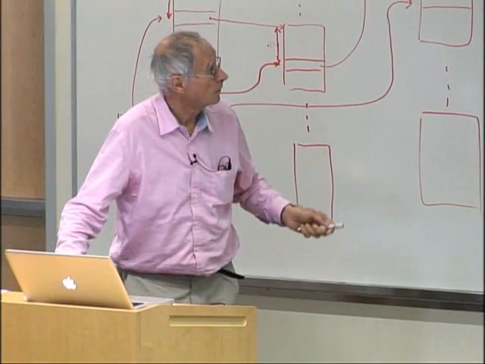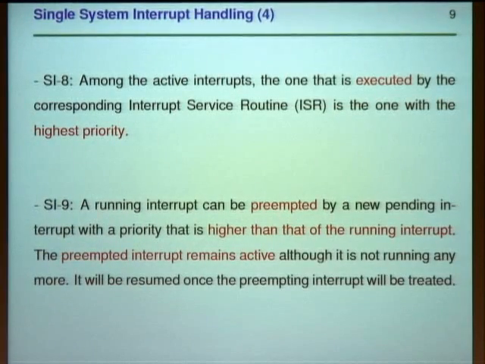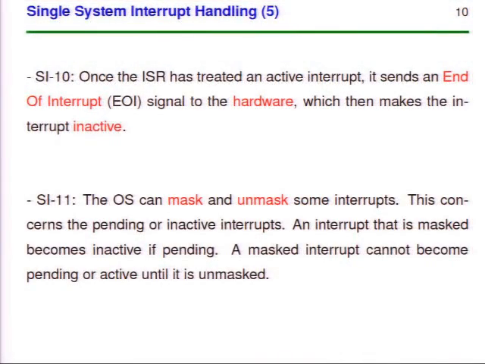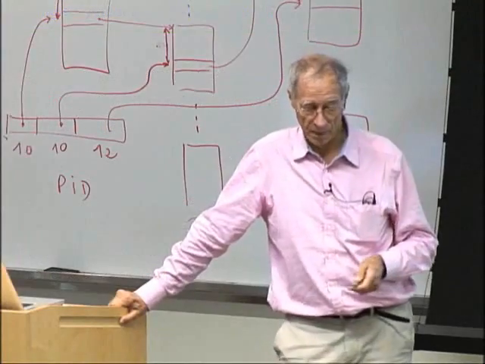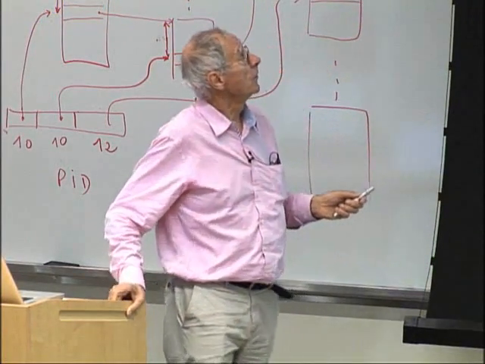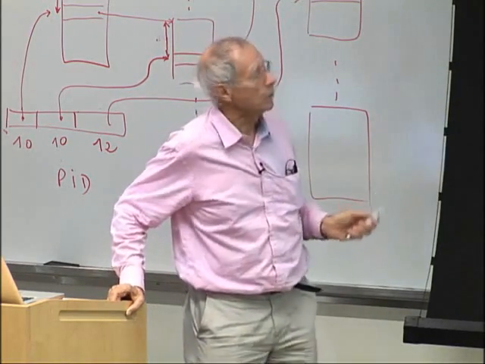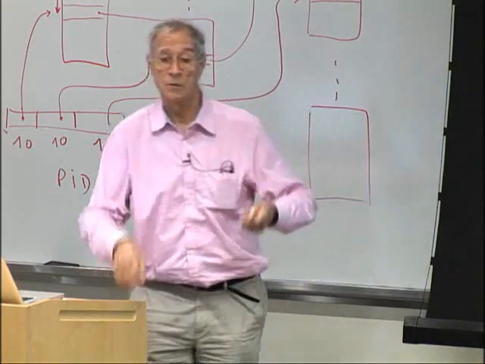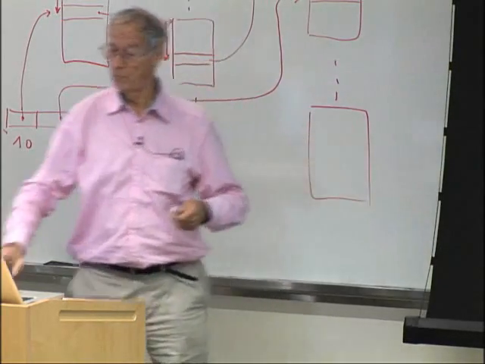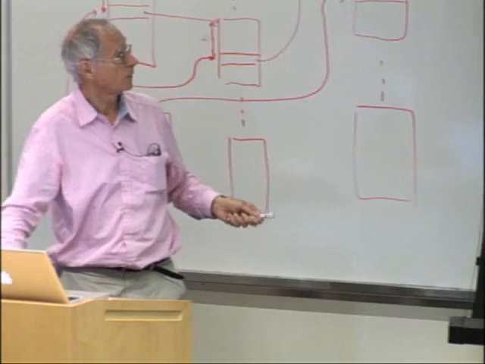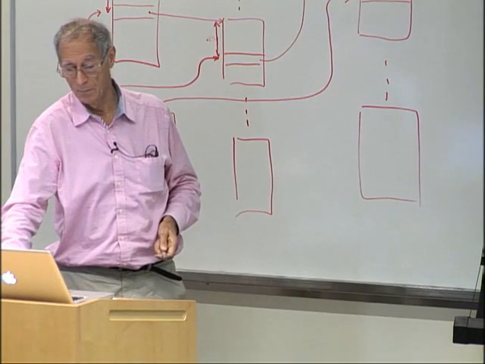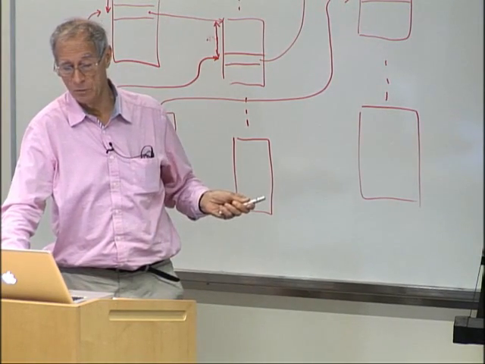And here it's a bit redundant with what I've said before. A running interrupt can be preempted by a pending interrupt with a higher priority. At the end of the interrupt handling, the OS sends an end of interrupt signal to the hardware, which makes the interrupt inactive. So this is the story of an interrupt. An interrupt can be masked or unmasked by the OS. So much for the individual interrupt.